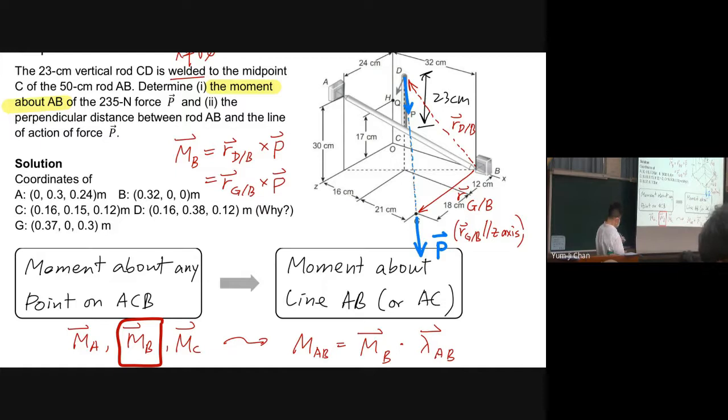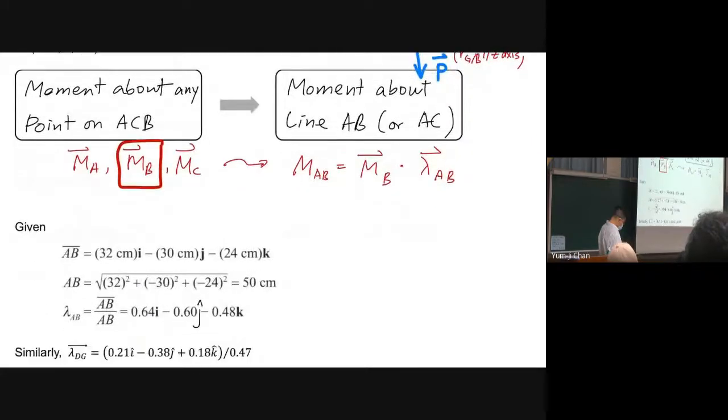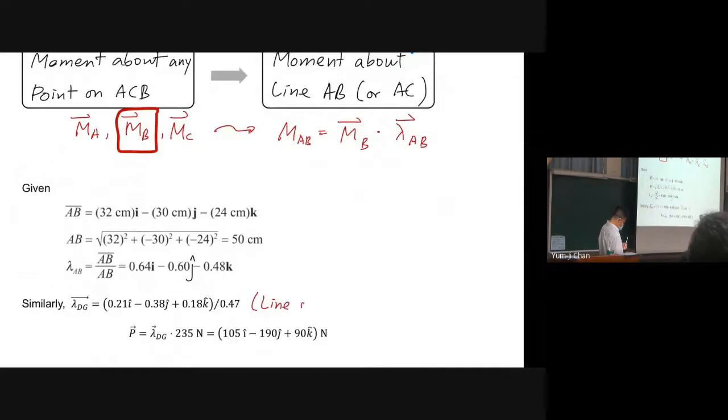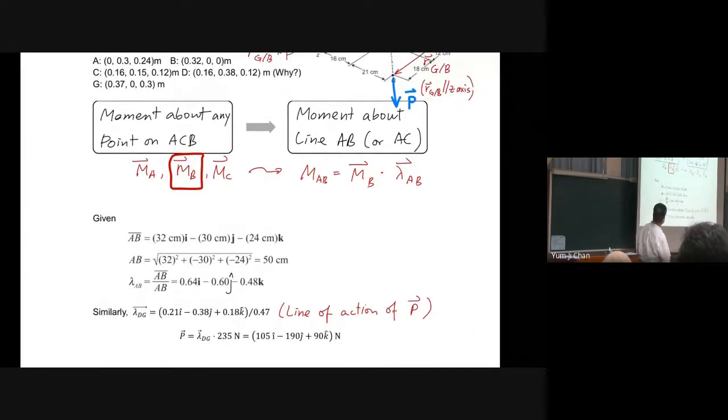And remember, as we have said, the line of action of P is along this line DG. So we first determine the unit vector along DG.